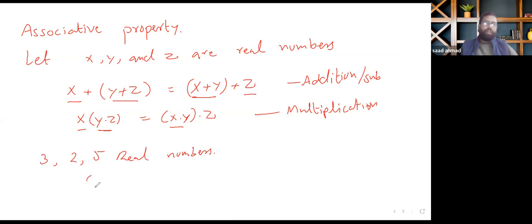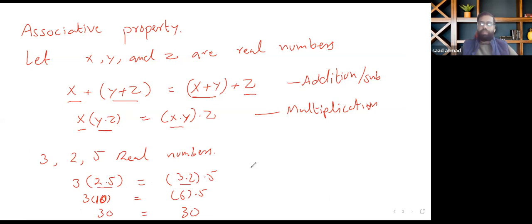So let's try 3 times 2 times 5. 2 times 5 is 10, so 3 times 10. And here 3 times 2 is 6, times 5. So 3 times 10 is 30, and 6 times 5 is also 30. So the ordering does not matter. Either we multiply these first or we multiply these first.